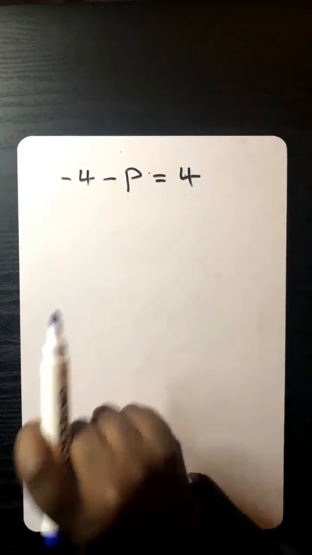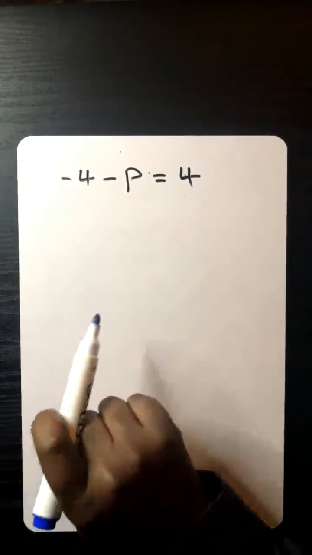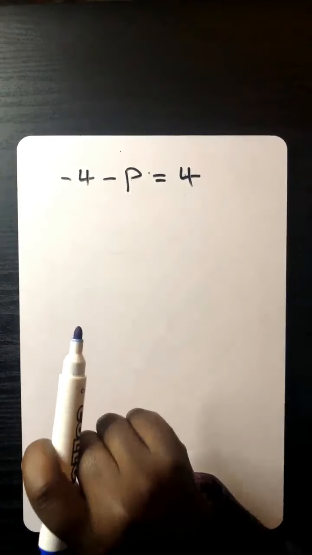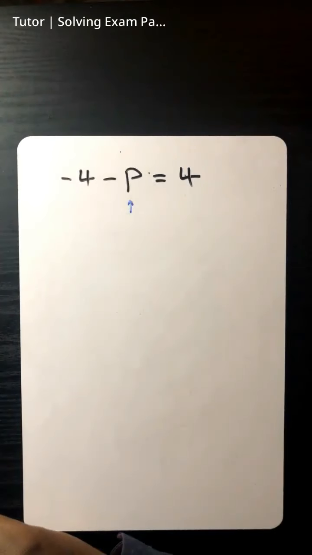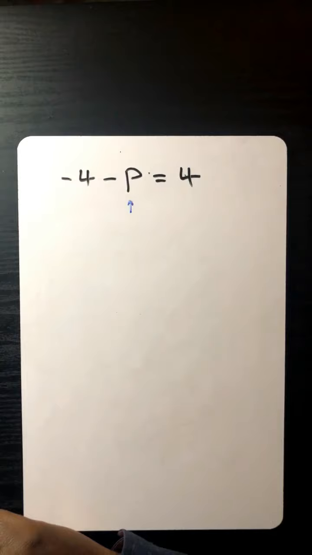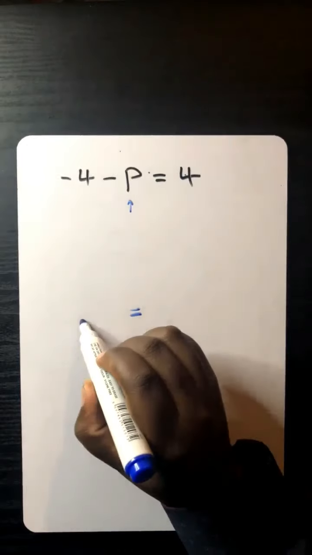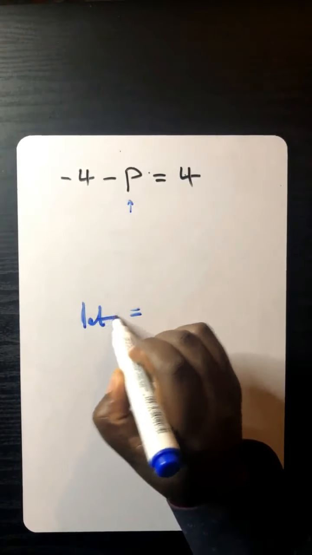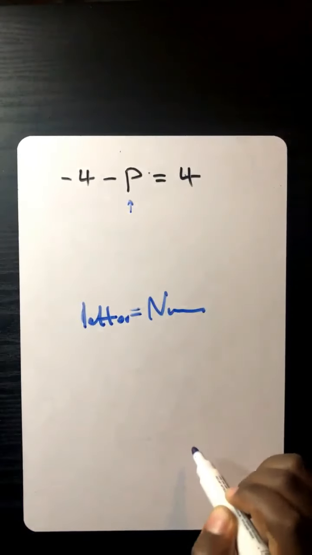So what is the unknown? An unknown is that letter which can be letter A or anything all the way up to letter Z. But in this case, they represented the unknown as letter P, which means we have to solve for the value of P. What is the value? The value is a number, which means in the end, we must say letter is equals to a number. In short, what are we saying?